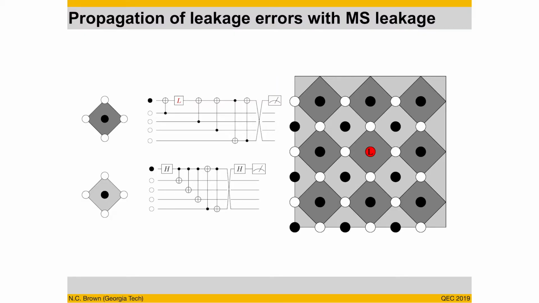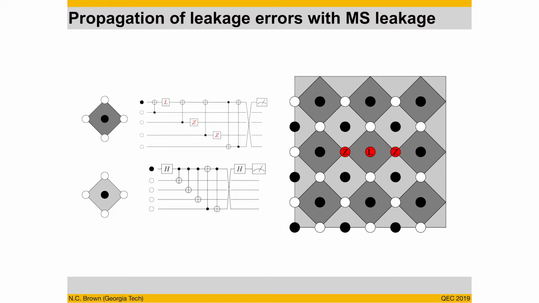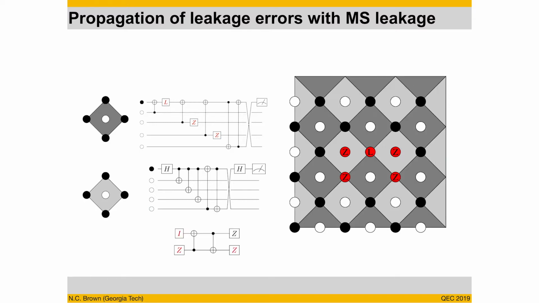So now let's look at what happens to that error that was so bad we talked about earlier. In this new model, leakage is only going to spread Z's. And so instead of spreading these bad X's, we spread a Z to the qubit on the left, Z to the qubit on the right.